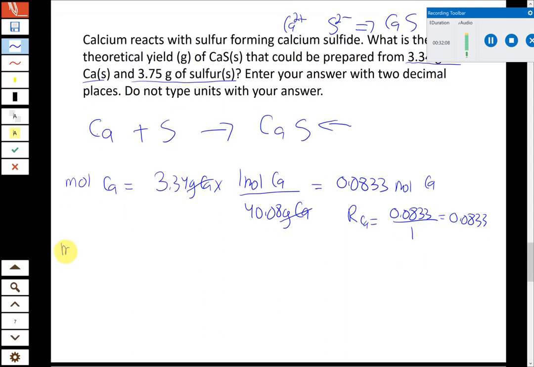And then we're going to do the same thing for sulfur, the other reactant. So we have 3.75 grams of sulfur. And the atomic mass of sulfur, if we're just using the form S, 1 mole of sulfur is going to have a mass of 32.07 grams.